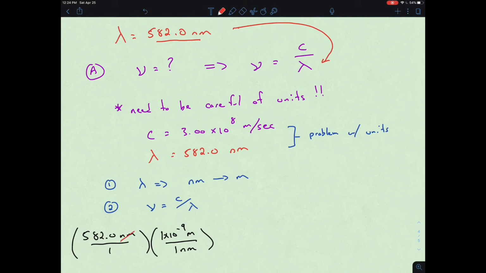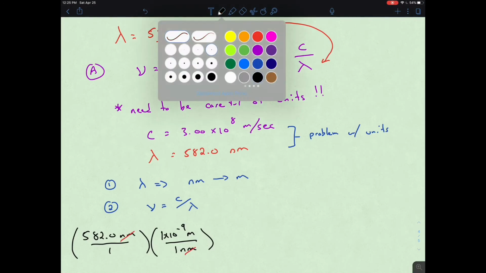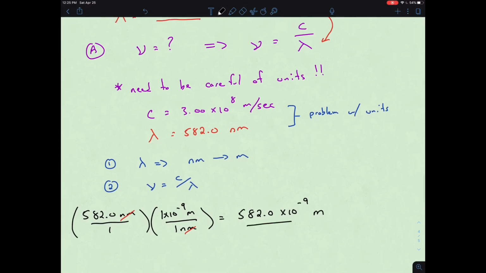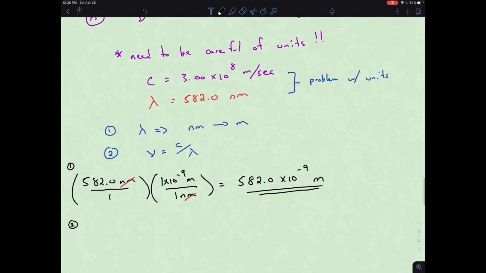And so my unit of nanometers is canceling out, and now I'm in terms of meters, or 582 times 10 to the negative 9th meters. So that's my first step. And now my second step is to plug that into my equation.